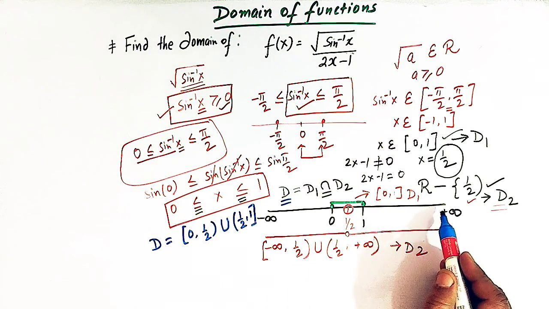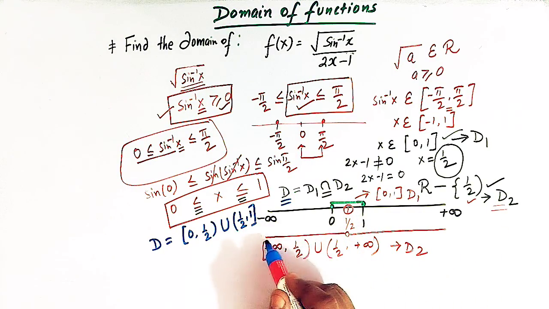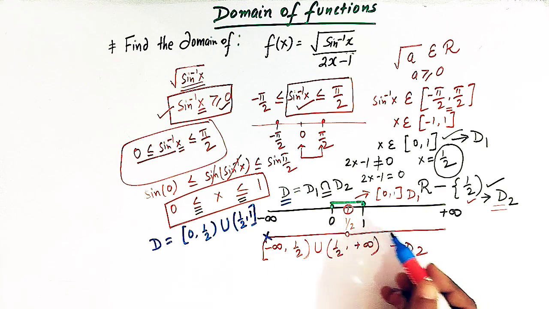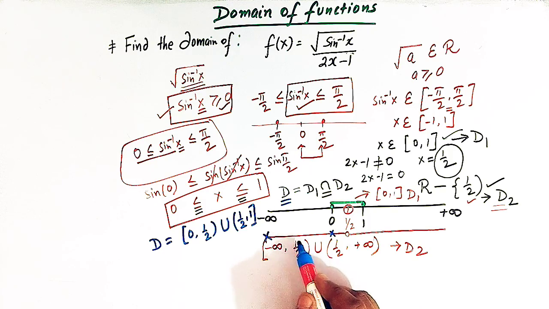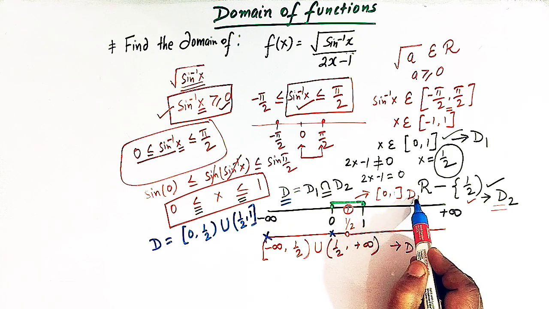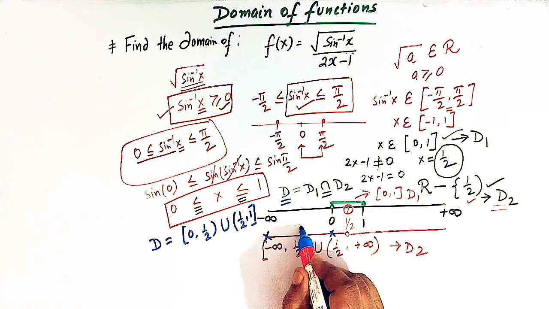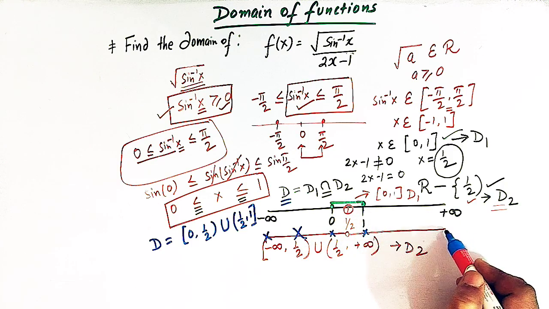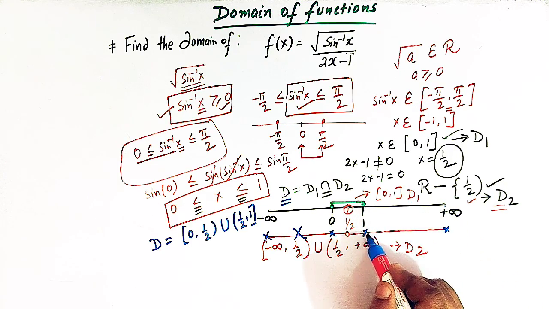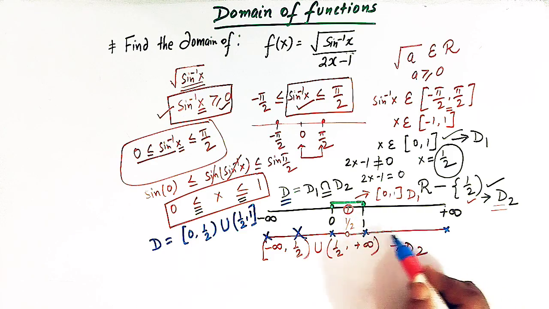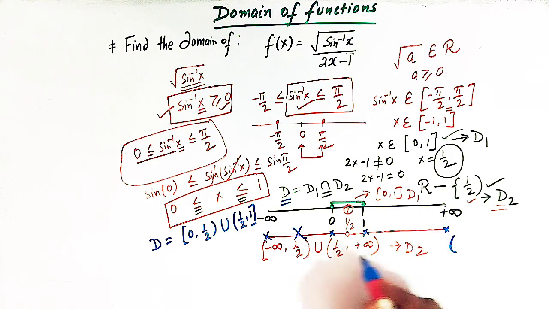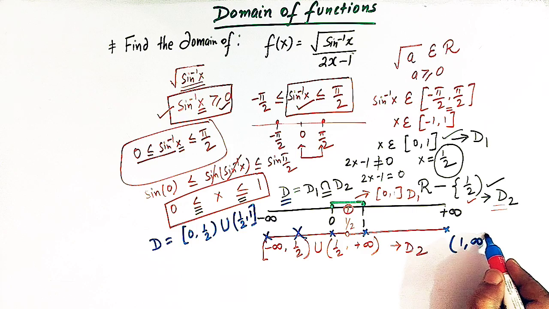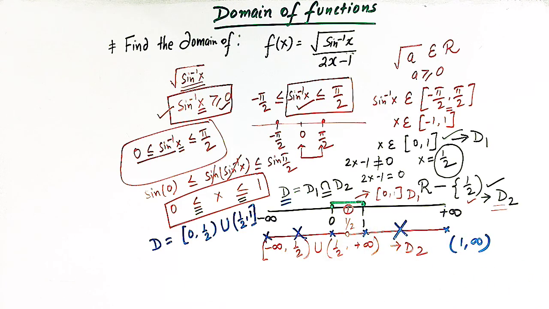So if we look at this real number line, then we can see that the region from here to here is not included in the domain of D1. So we'll exclude this region, and then from this point, that is 1 to infinity, here 1 is included, but the region that is from 1 to infinity is not included, right?